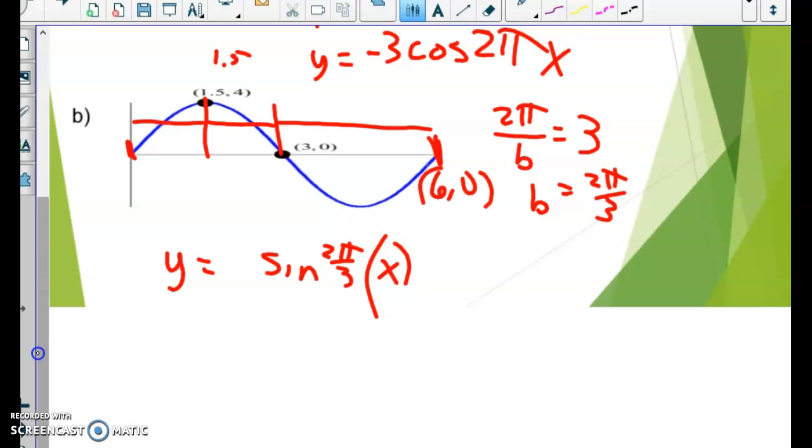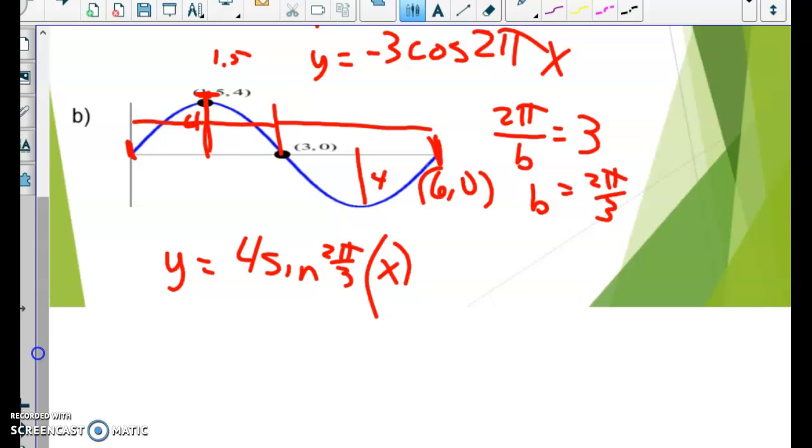And I think I'm right. I still need to know the amplitude of this thing. So since this value is going up to 4, I'm guessing that's going down to 4. So I'm going to have an amplitude of 4 in front of there. Okay? All right.